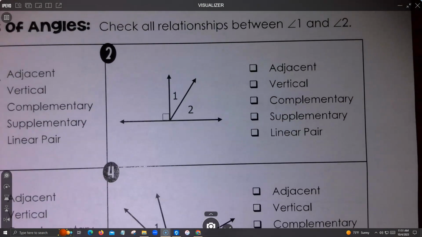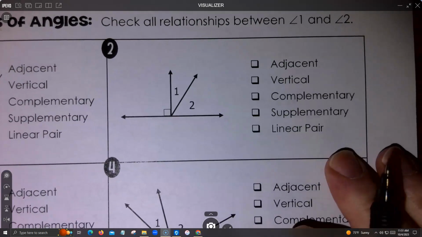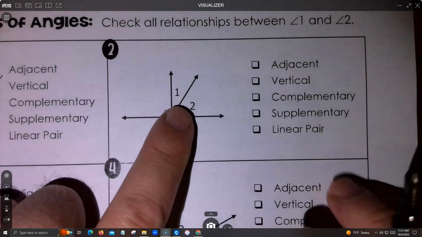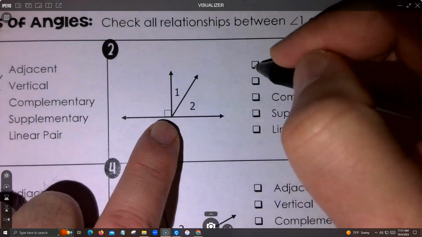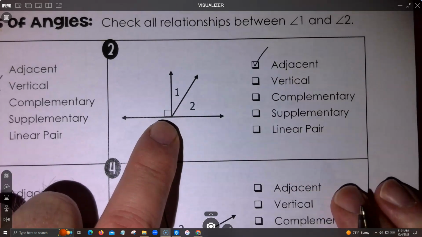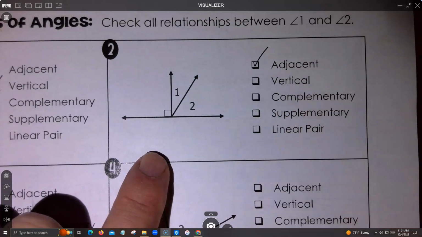All right, the next one says, what is the relationship between angle 1 and angle 2? Are they adjacent? Do they have a common side? Yes. So let's check that. Are they verticals? Are they across from each other? No. Are they complementary? Do they add to be 90 degrees?